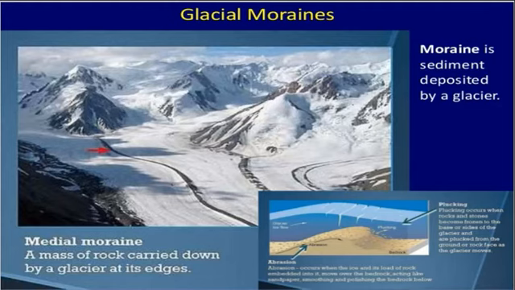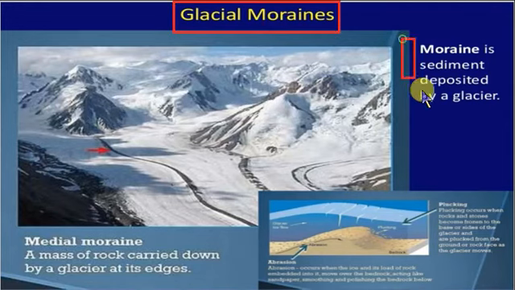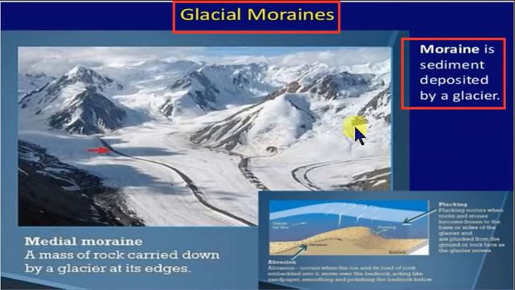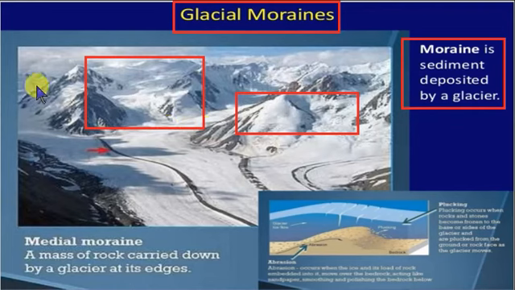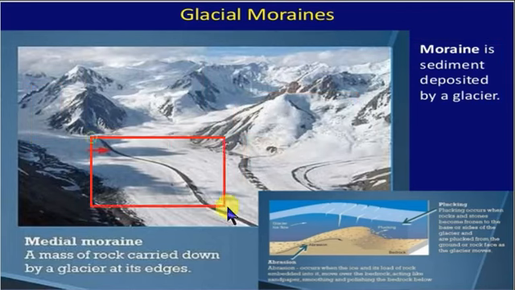Now let us read about glacial moraines. Moraine is sediment deposited by a glacier. It means middle. Moraine, a mass of rock carried down by a glacier at its edges.